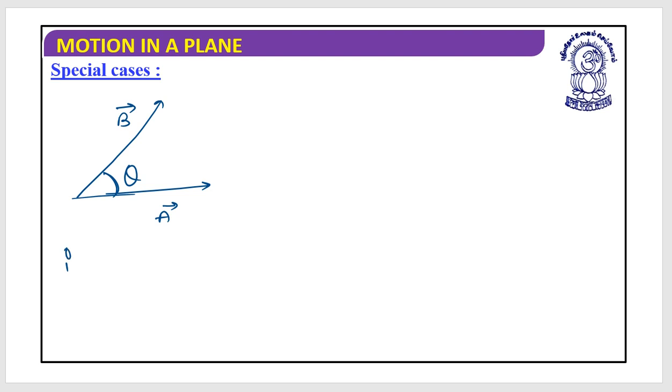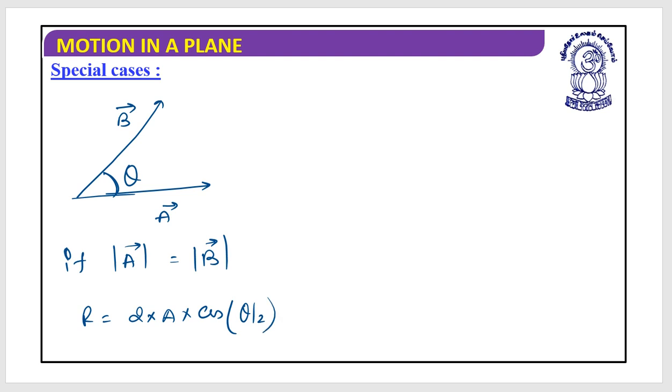Now, the case says that if the magnitude of A and the magnitude of B are the same, then the resulting vector will be 2 into A into cos theta by 2. Simply, that's it. And the resulting vector would be the angle bisector of this. This is theta by 2. I hope this is clear.